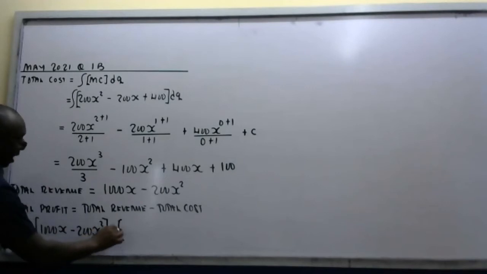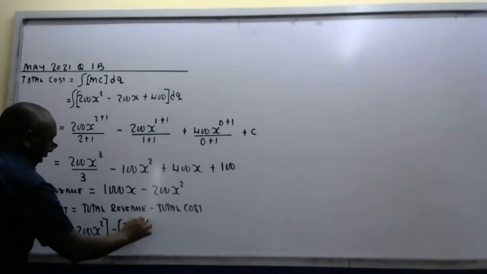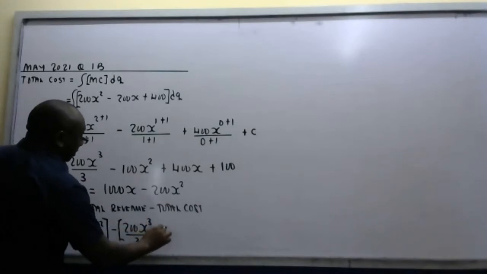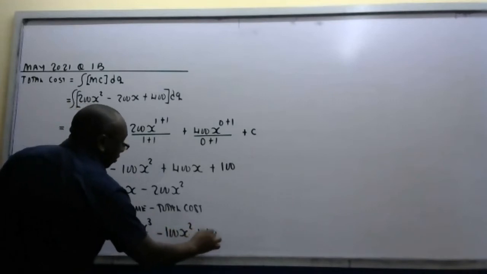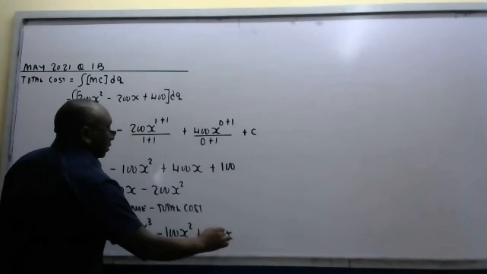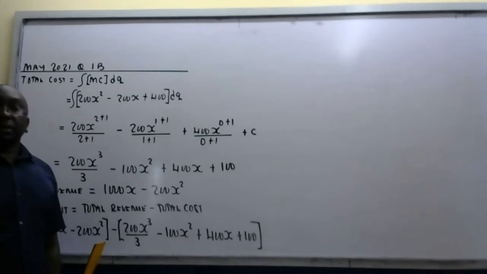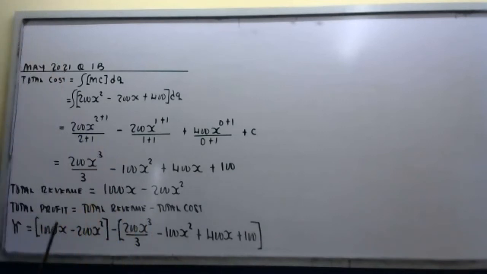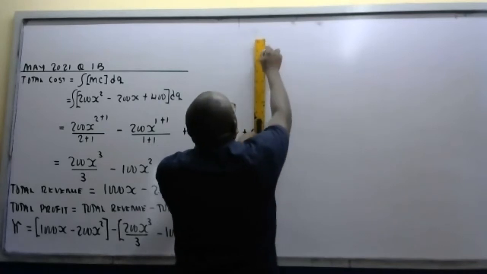Then I say minus the cost. The cost is 200x cubed out of 3 minus 100x squared plus 400x plus 100. Are we okay up to that point? Yes. Okay.